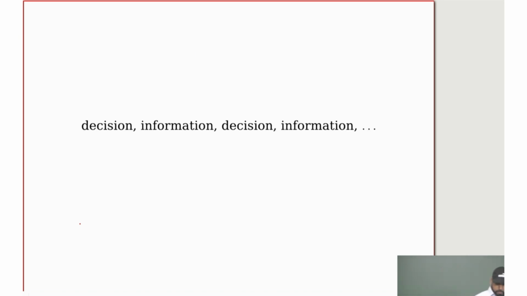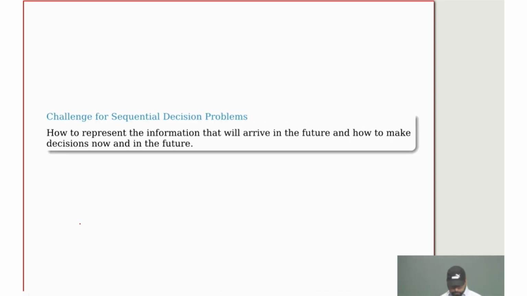We take decisions, we get information, we make decisions, and so on. Now obviously, how we represent the information that will arrive in future and how to make decisions. So in this course we want to formulate all these things in a nice way.